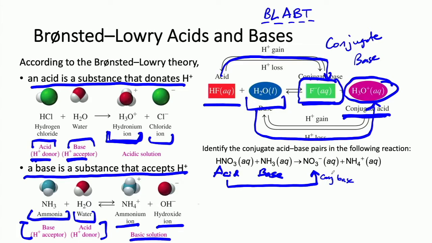And then the positively charged one, it might not always be positive, but usually it is, will be the conjugate acid to the ammonia's base. So be sure to be able to identify what is a conjugate acid, what's a conjugate base, what is an acid, and what is a base, okay?